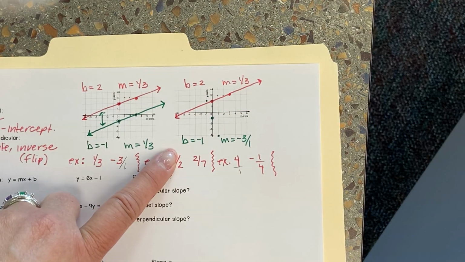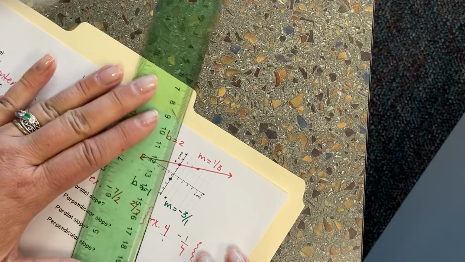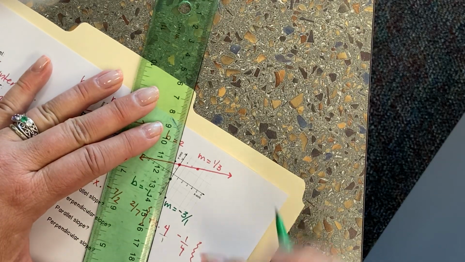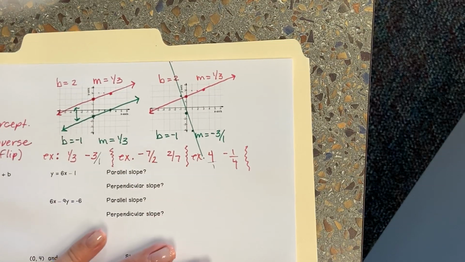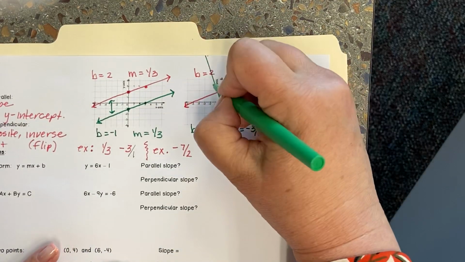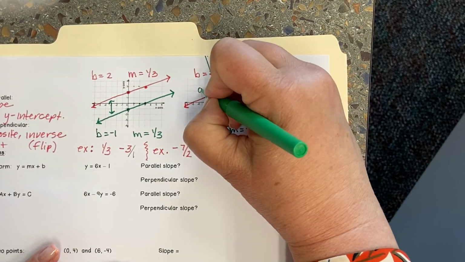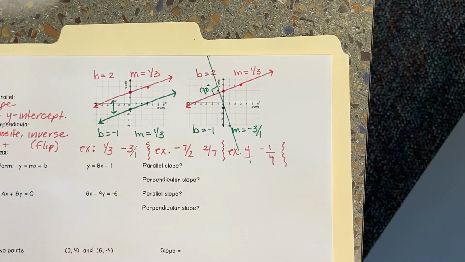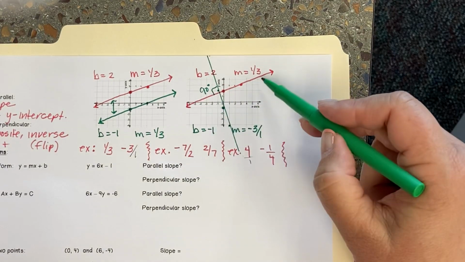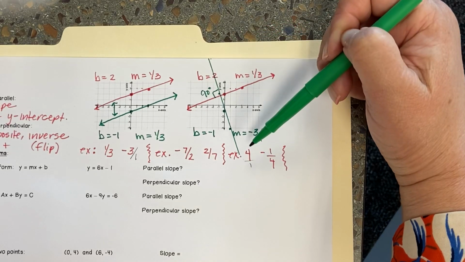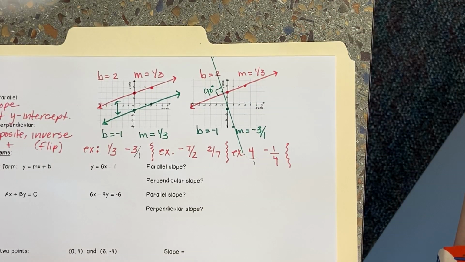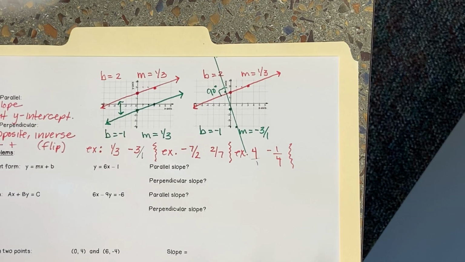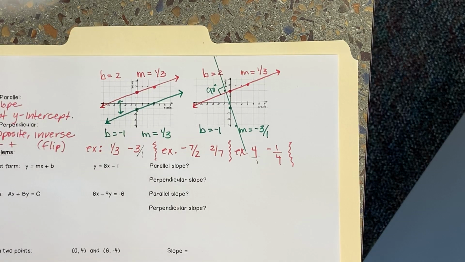I think I could better get a ruler to draw this one. Make sure it's straight enough. There you go. If you counted it right, your 2 lines should definitely cross at a 90-degree angle. One of them's positive, one of them's negative, and they cross exactly at 90 degrees. Okay, kind of looks like Christmas on that paper.